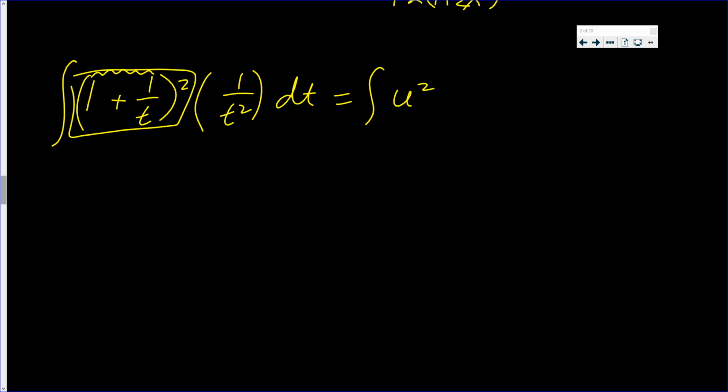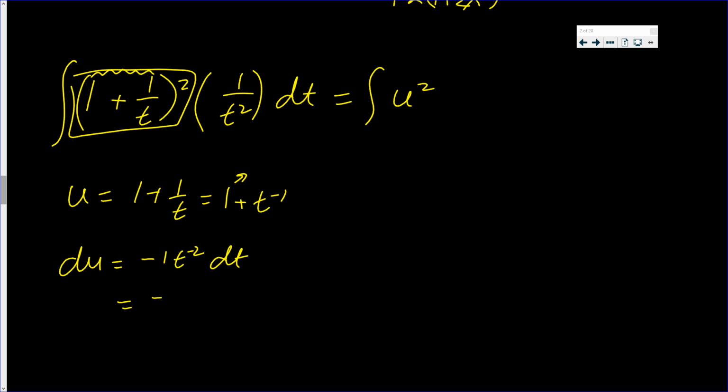In anticipation of finding a differential, I'll write 1 over t as t to the negative 1. So du equals, that's going to be 0. You're going to get negative 1 t to the negative 2 dt. Well, that's negative 1 dt over t squared.